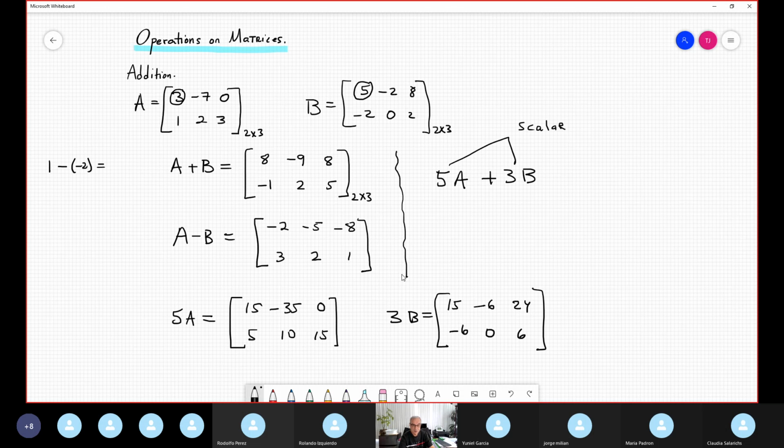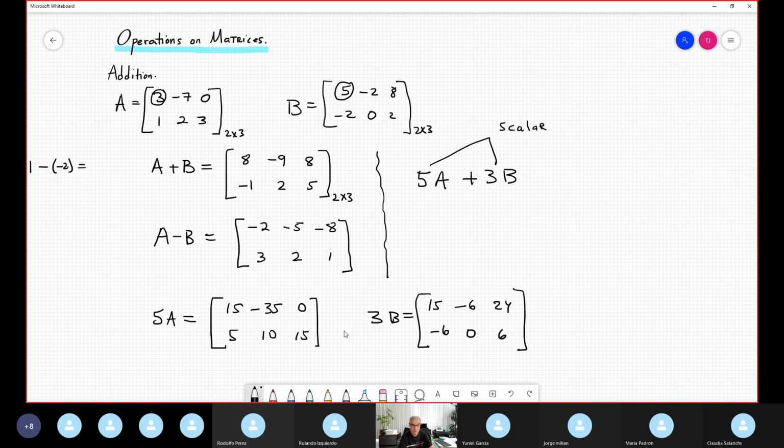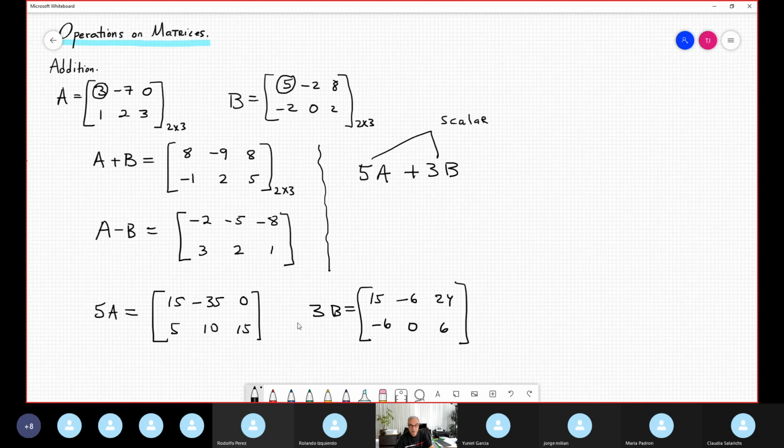And finally, the combination of both matrices, 5A plus 3B, is addition. This is 30, because 15 plus 15. This is negative 41. This is 24. This is negative 1, yes, it's negative 1.